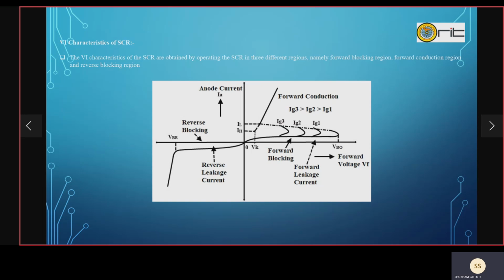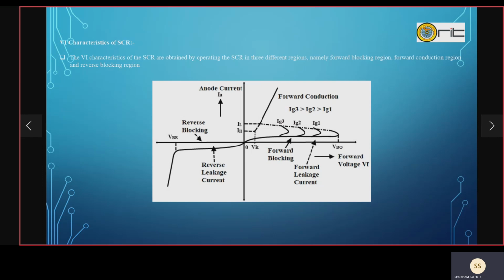Once the voltage reaches the critical level called the breakdown voltage, or if the gate current IG is applied to the SCR, the SCR moves to conduction mode, and a high amount of current starts flowing through it.